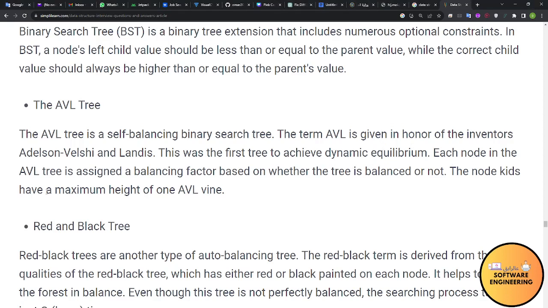Each node in the AVL tree كل نود عندي is assigned a balancing factor based on whether the tree is balanced or not. هل التري دي balanced ولا لا. The node's children have a maximum height difference of 1 in an AVL tree.